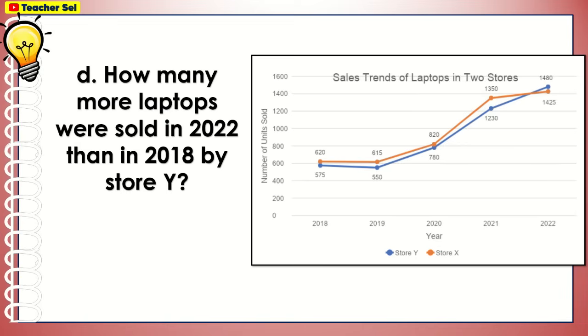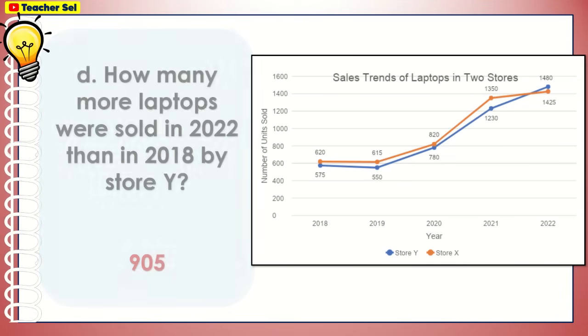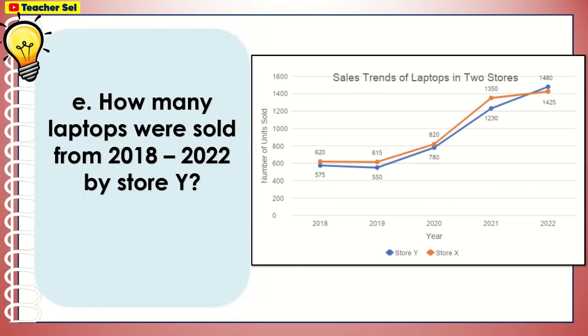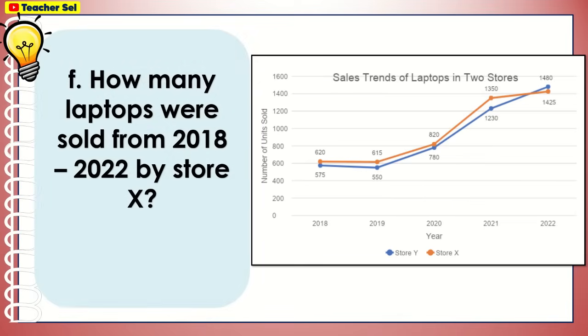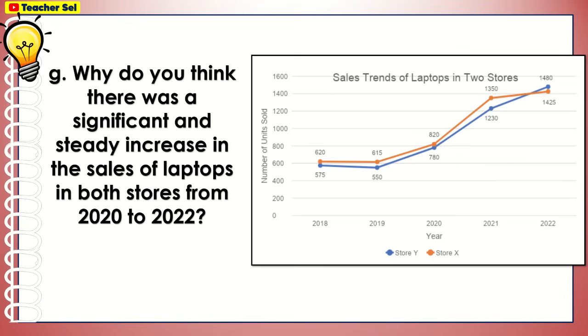How many more laptops were sold in 2022 than in 2018 by Store Y? 905. How many laptops were sold from 2018 to 2022 by Store Y? 4,615. How many laptops were sold from 2018 to 2022 by Store X? 4,830.